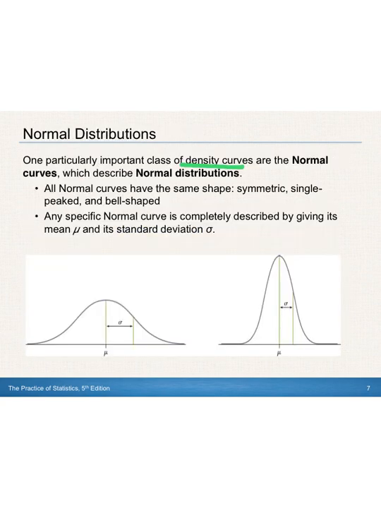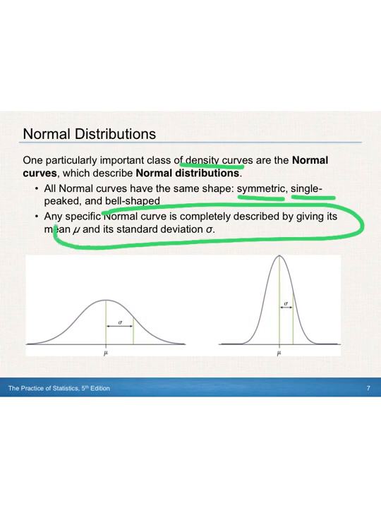The minute that we decide that a set of data is symmetrical and single-peaked or unimodal and bell-shaped, then we can start to use the properties of the normal curve to make predictions. But when we take the actual data, x1 and so on, we find the mean, which we call x bar, and then the standard deviation of the actual data.